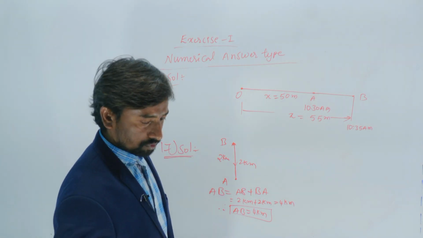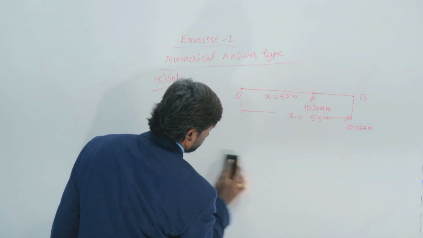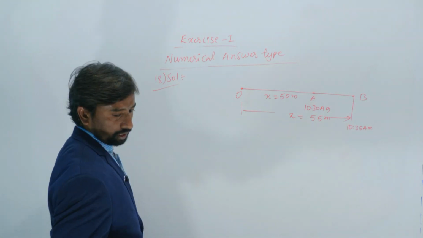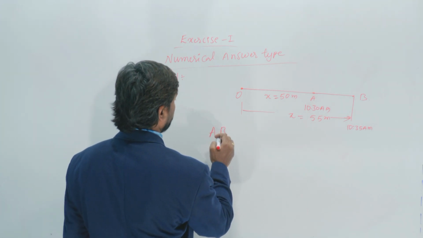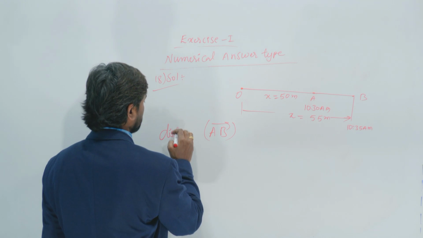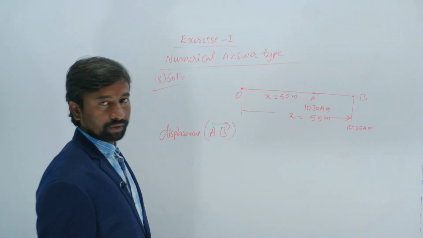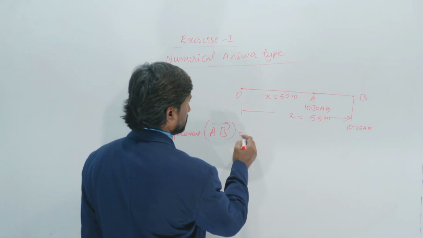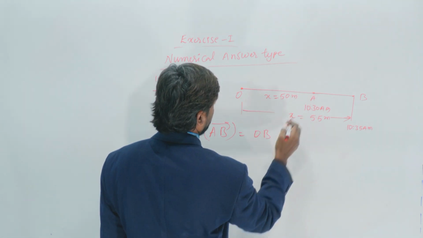Okay. So what we have to do there? We have to subtract final position minus initial position. So what is the final position here? OB, no? So AB, they are asking there, AB will be the displacement. So AB is equal to, final position is OB, and initial position is OA.